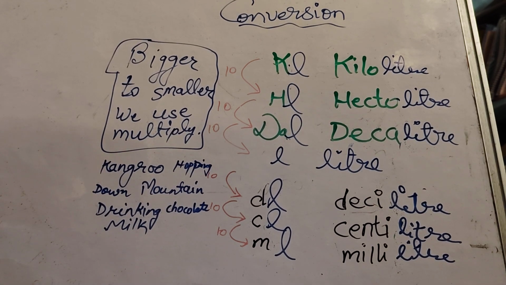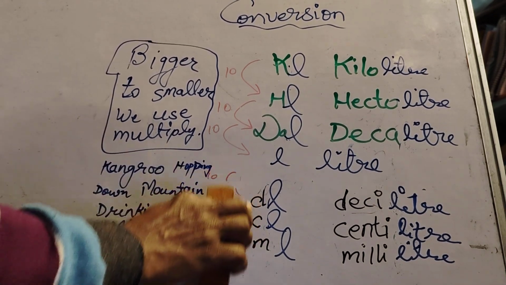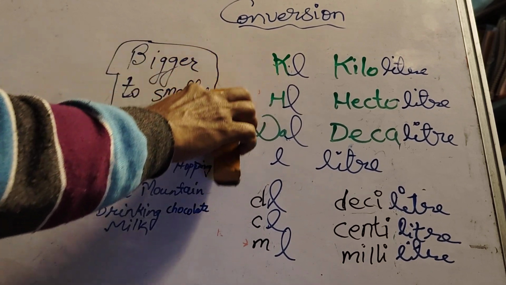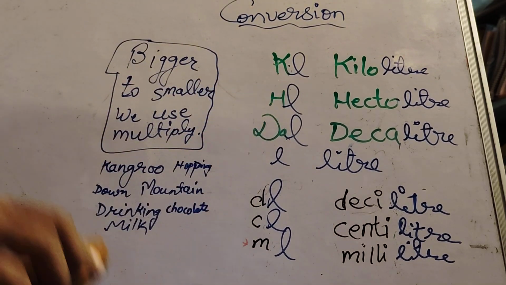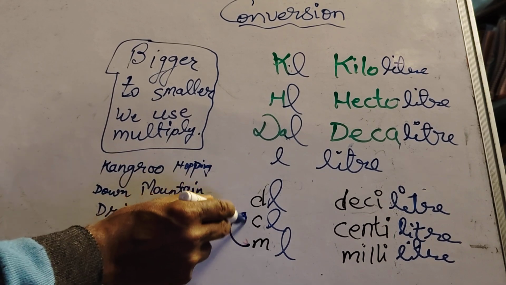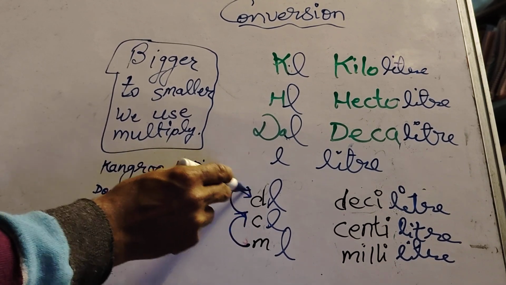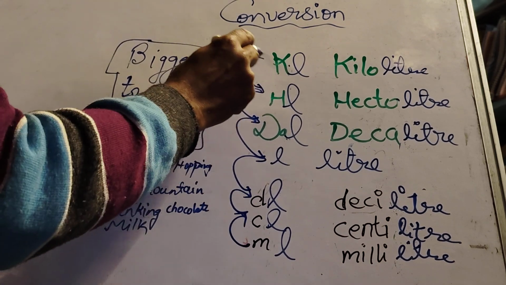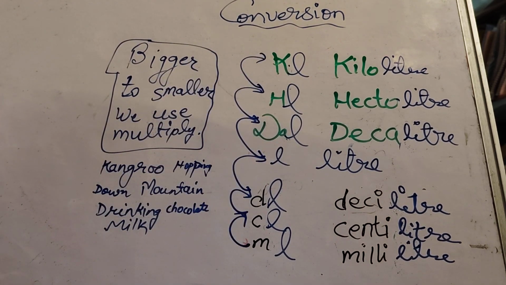So in the divide type problem, we do not move from top to bottom, we move from bottom to top. If the question is asking from bottom to top, then we use the divide sign, because the bottom one is smaller.